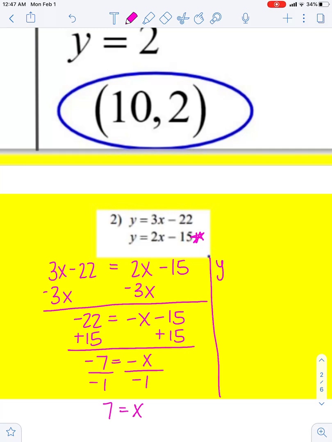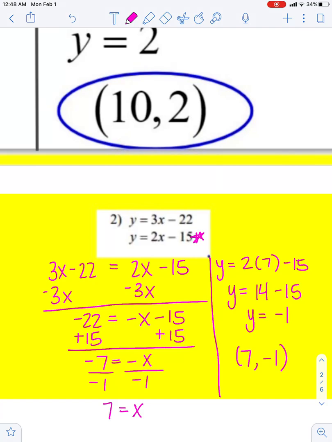So I'll say y is equal to 2 times 7 minus 15, which will give me y is equal to 14 minus 15, which gives me y is equal to negative 1. So if x is 7 and y is negative 1, I get the point 7, negative 1.